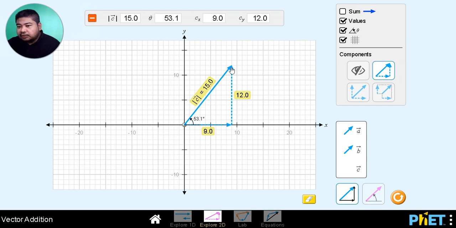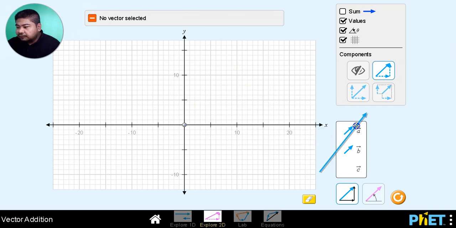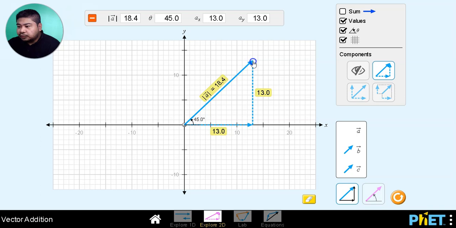Okay, I'm going to continue with vector addition. I'm going to remove vector C and add back vector A. Vector A has a magnitude of 21.2. The direction of vector A is 45 degrees from horizontal.